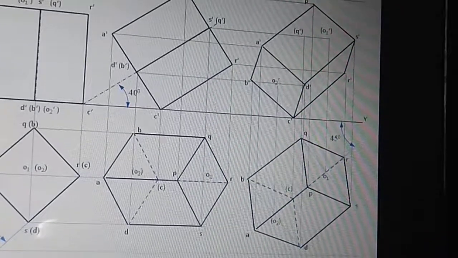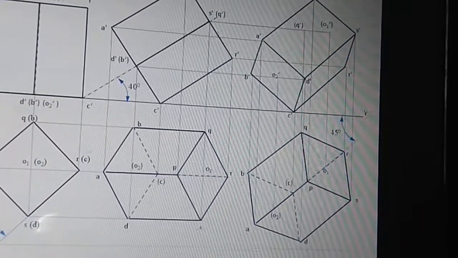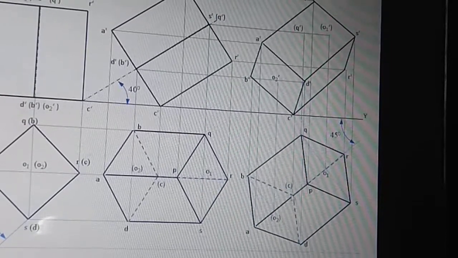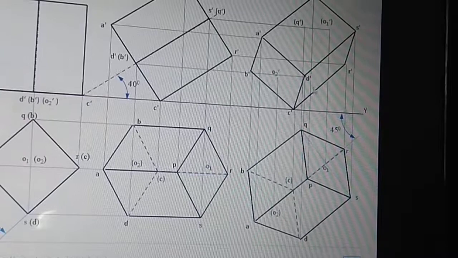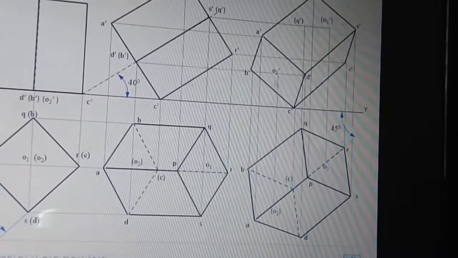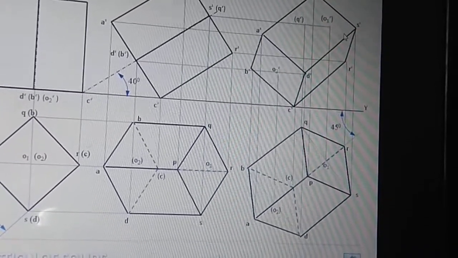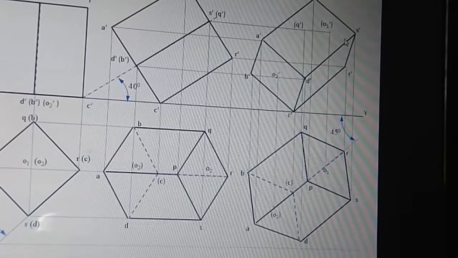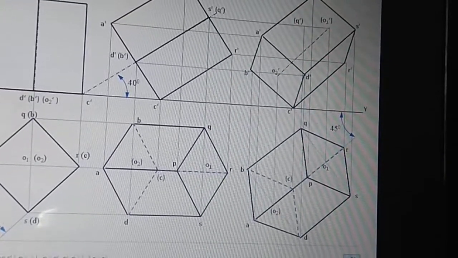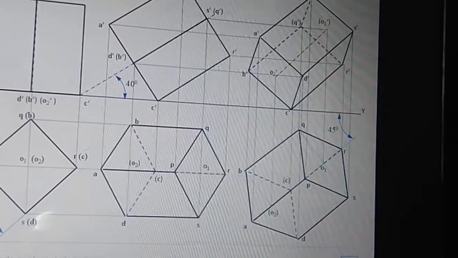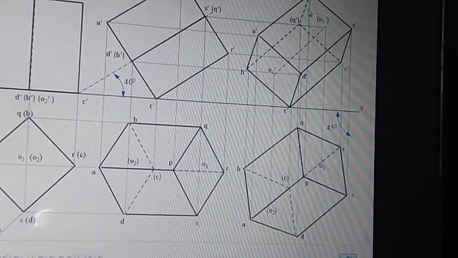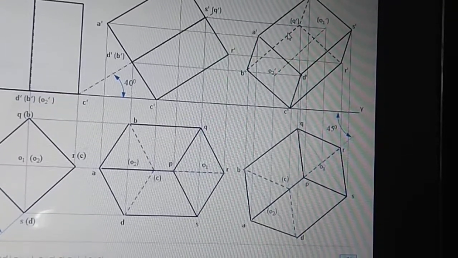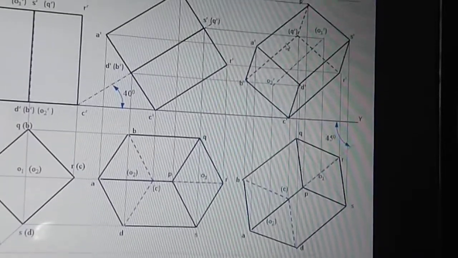So in the third position top view, this bottom face is not visible, while in the front view in the third position, that bottom face is visible. The bottom face is visible and the top face is not visible. And for the invisible edges, we consider the two shorter edges and one longer edge. These three lines are represented by thick dotted lines.